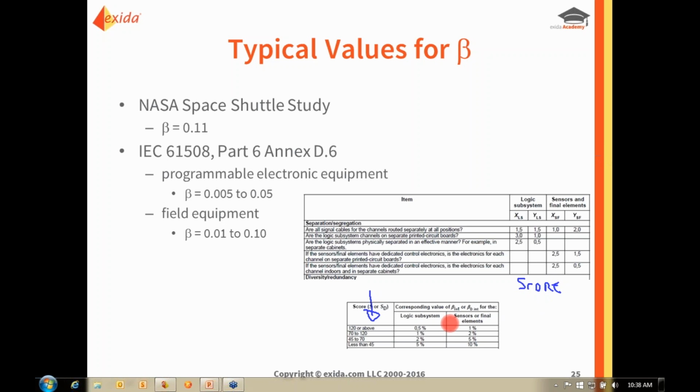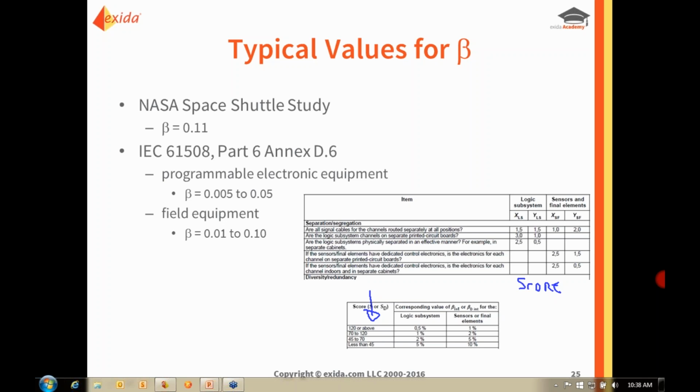Based on that table, you will be able to claim a certain common cause factor. That common cause factor ranges from 0.5% to 5% for logic solvers, and from 1% to 10% for field equipment.